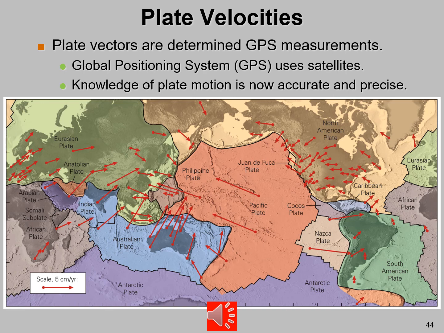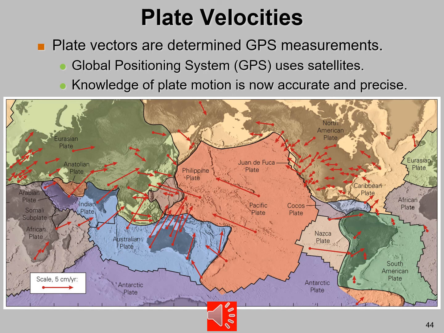The rates of plate motion are very slow in comparison to the rate at which we walk or drive. In fact, plates move at about the rate that your fingernails grow. But even at those slow rates, plate motion can yield large displacements given the immensity of geologic time.